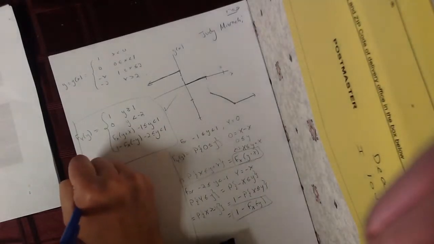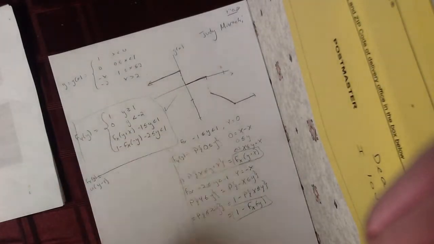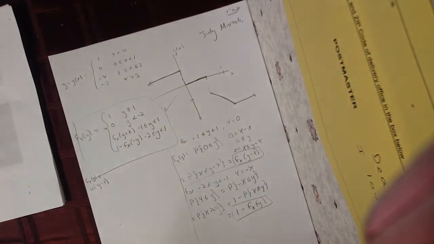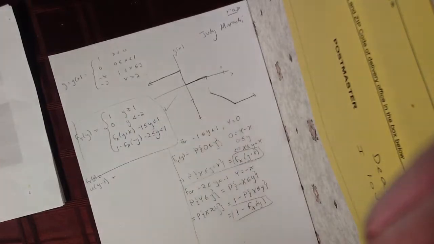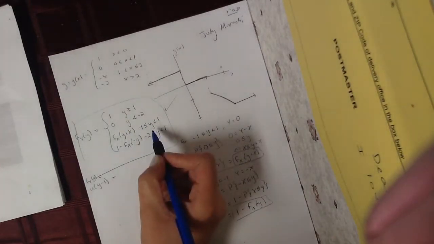Well, this is what our big F sub Y of y equals, okay? This, plus, now this part we can kind of ignore because it's a 0 value. We're going to move on to this one.